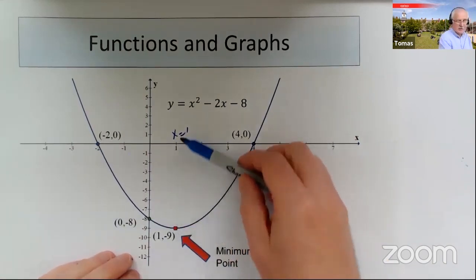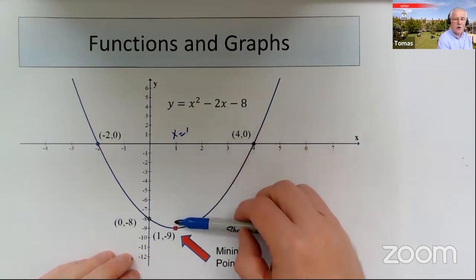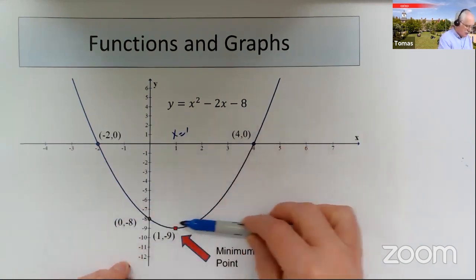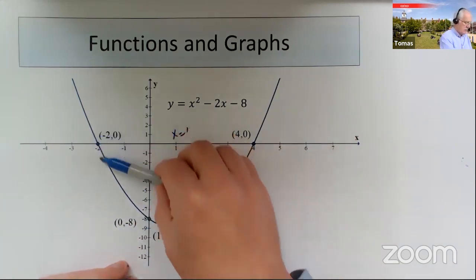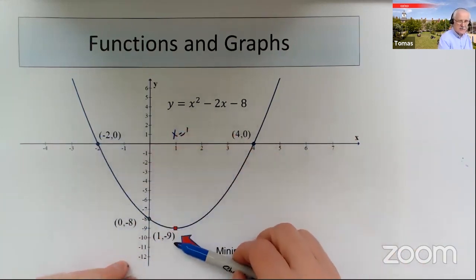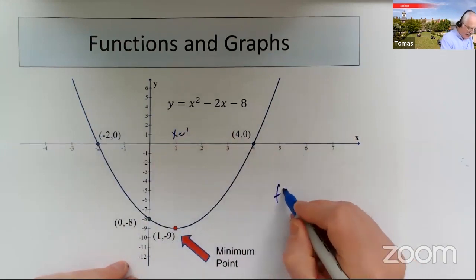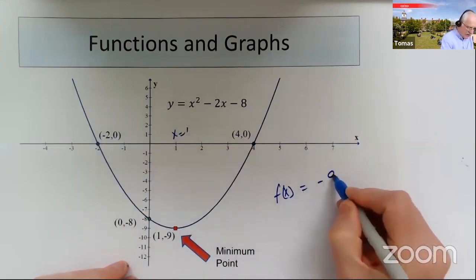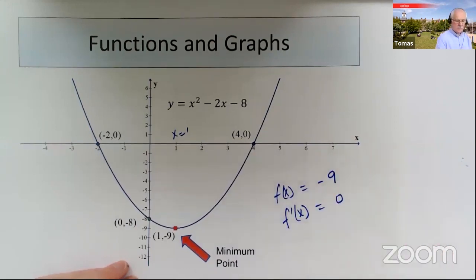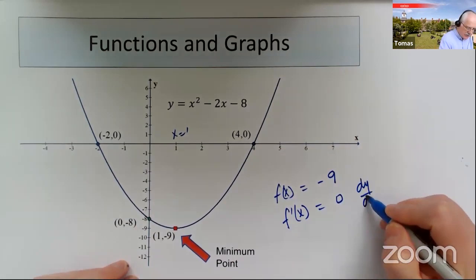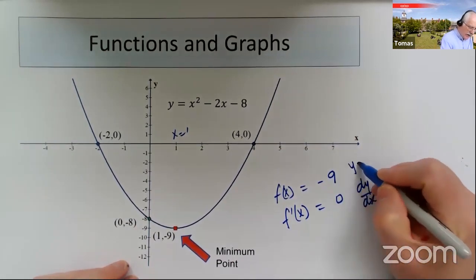Because it's minus 9, it's 9 inches or meters underwater or whatever that would be. But the slope is 0. So dy dx is 0. The function is still minus 9. So f of x is minus 9, but f dash x is 0. dy dx is 0, y is minus 9.